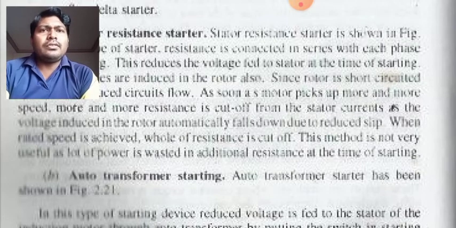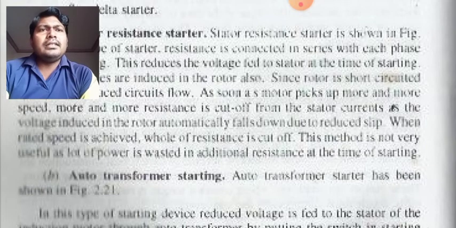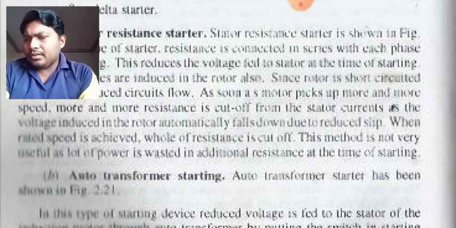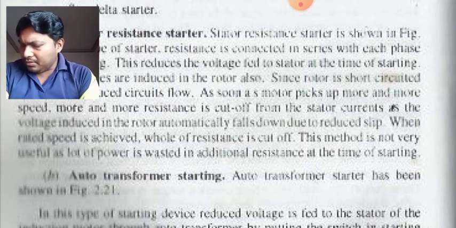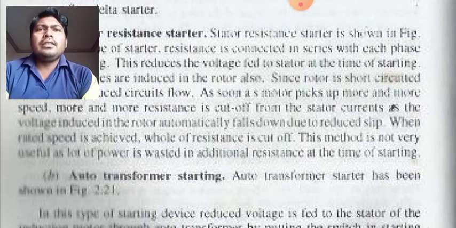Now this method is not very useful, as a lot of power is wasted in the additional resistance at the time of starting. During starting, due to the introduction of additional resistances, there is a huge amount of power loss or wastage.